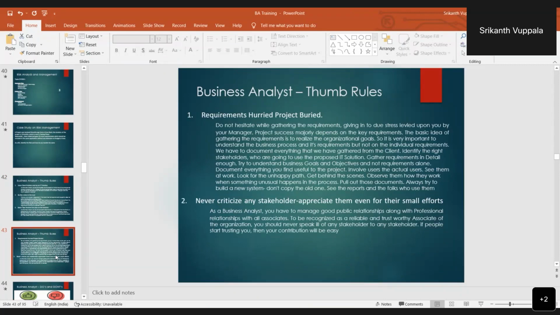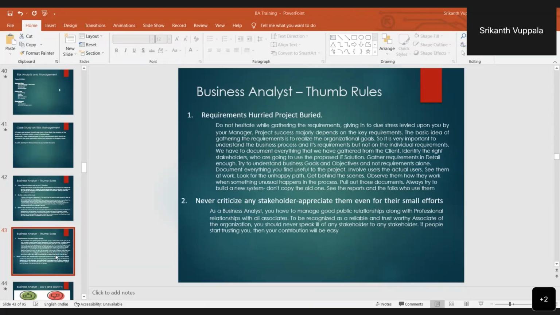Generally that would be 3 months, a stipulated time within which a BA should gather the requirements. If you want additional time, we have to request our PM, or whoever is responsible for setting the timelines, for additional time.